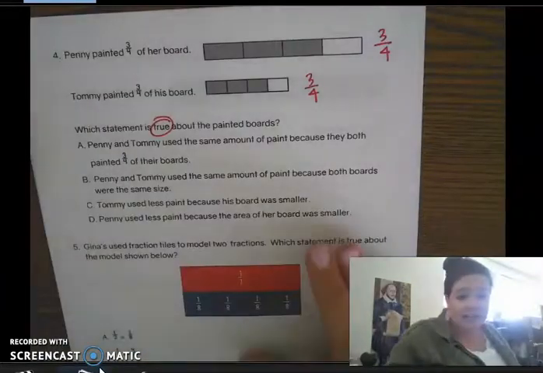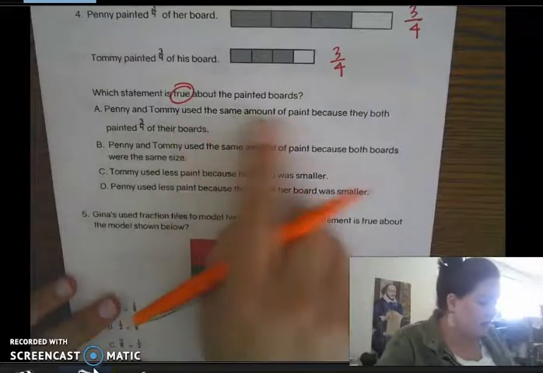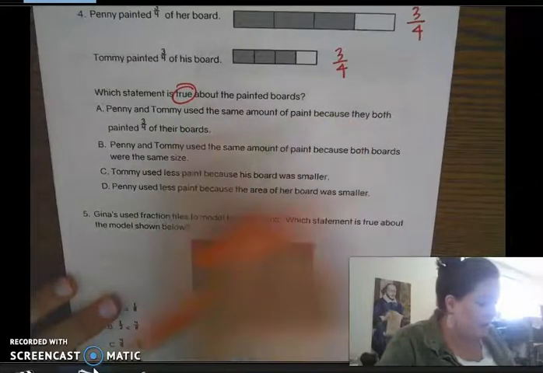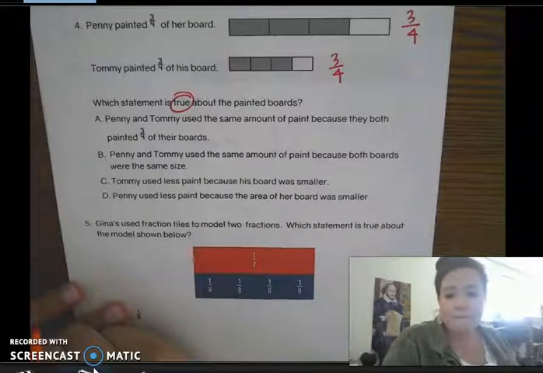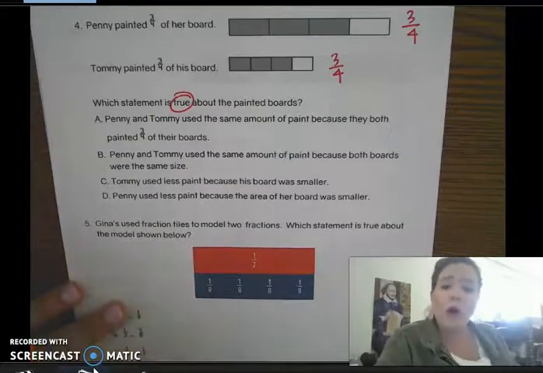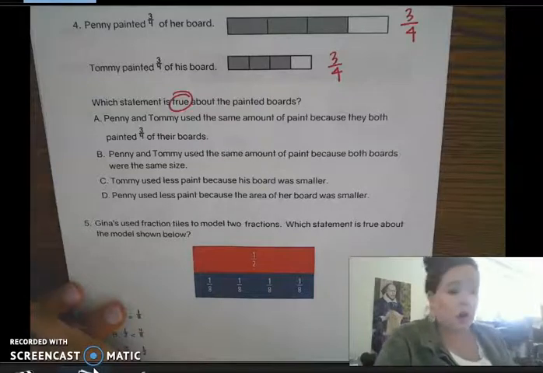So let's look at these answer choices. Penny and Tommy used the same amount of paint because they both painted 3/4 of their board. Is that going to be true? No, that's not going to be true. Why is it not true? Good.